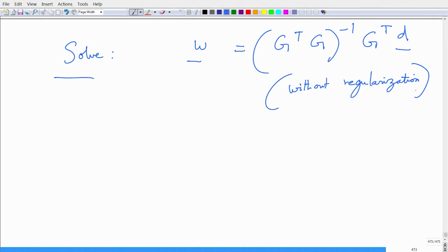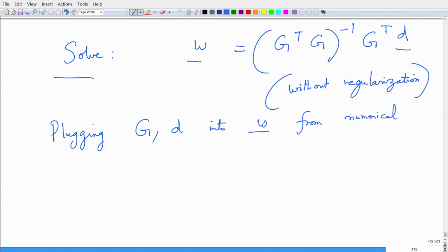If I want to bring in some regularity conditions, then I have to put in this lambda G naught, and I have to choose my lambda appropriately. So, solving for this equation means you plug in G and D into W, from numerical computations done earlier.